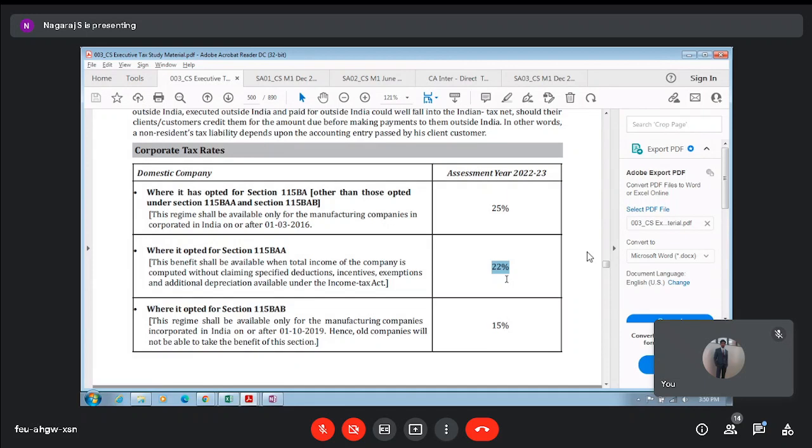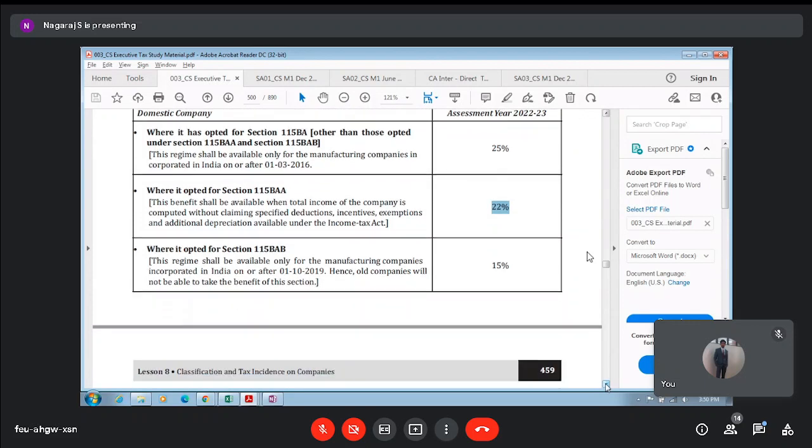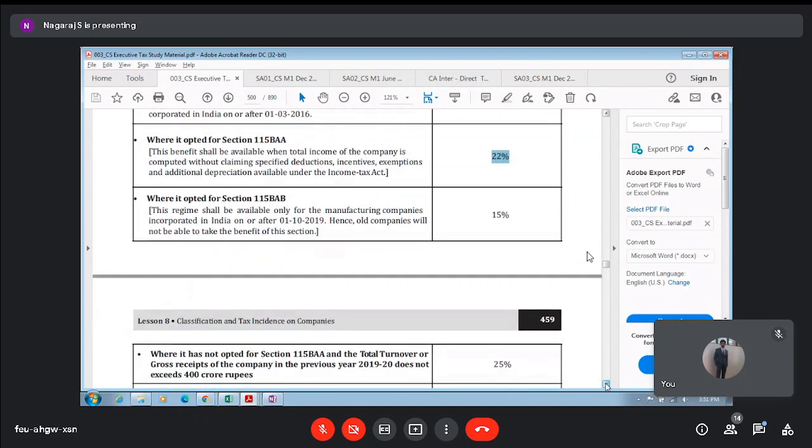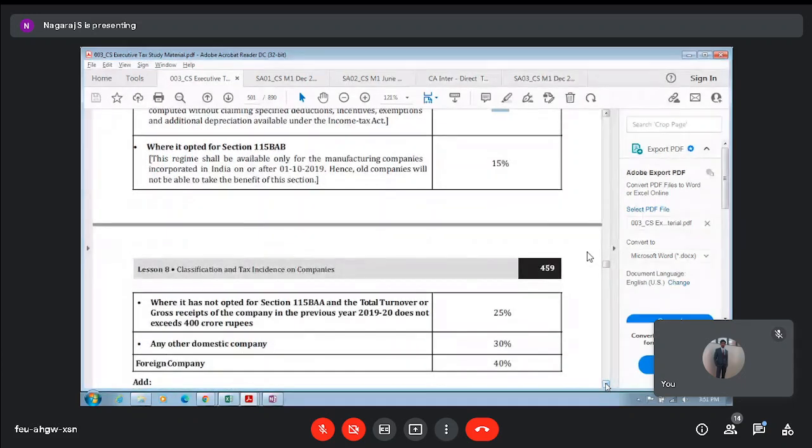To whom 15% tax rate will be applicable? Manufacturing company established on or after 1st October 2019. Okay. The 25% will be applicable to those companies whose turnover during the previous year 2019-20 has not exceeded 400 crores. I told you that one also.